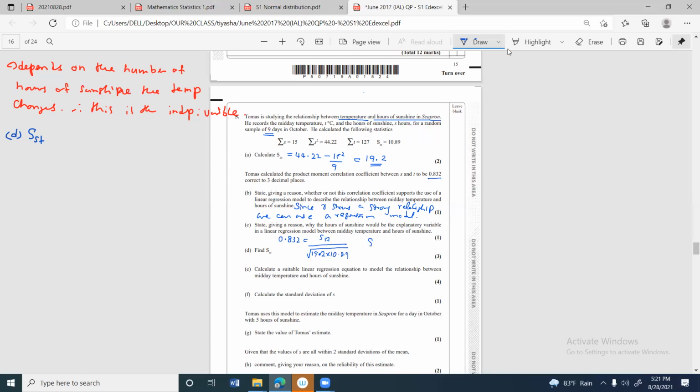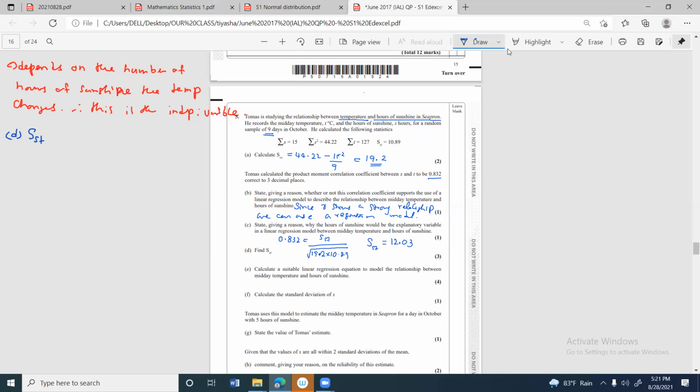By simplifying this, you can get SST. So we will work out 0.832 multiplied by the square root of this denominator, 19.2 into 10.89. With this, you get the answer 12.03. This answer is 12.03.